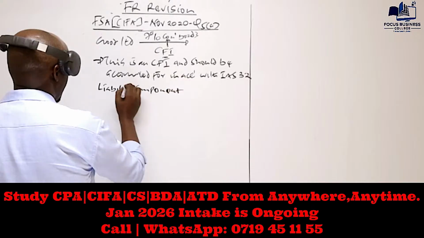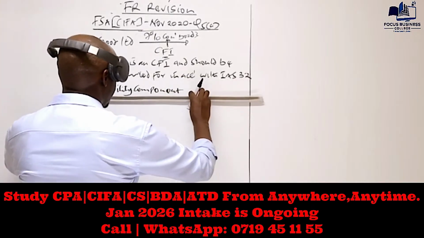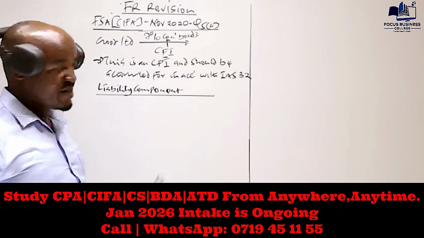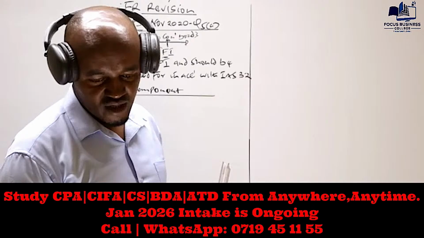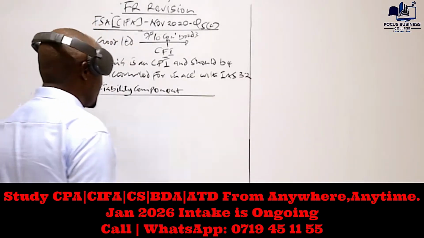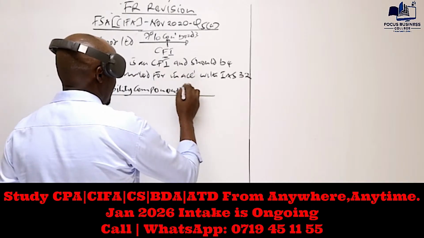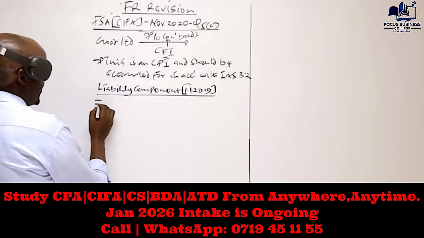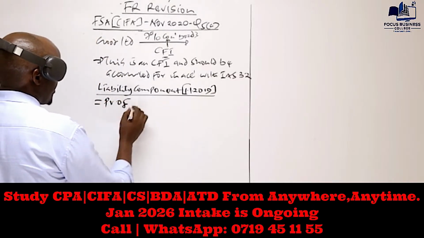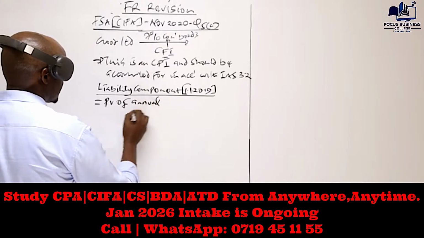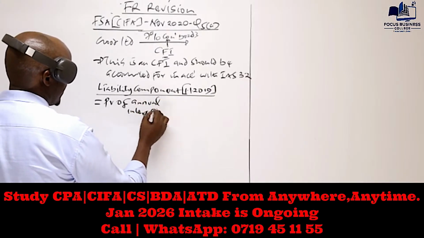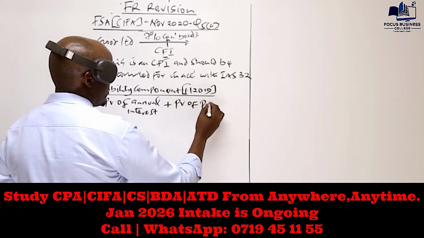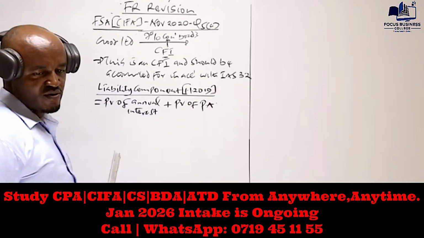Actually, we compute this liability component on the date of the issue. When were these convertible bonds issued? We are told in the first paragraph they were issued on 1st January 2019. So the liability component is equal to the present value of the annual interest, plus the present value of the principal payment.